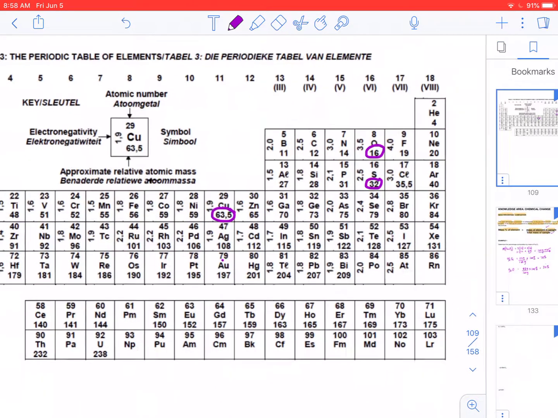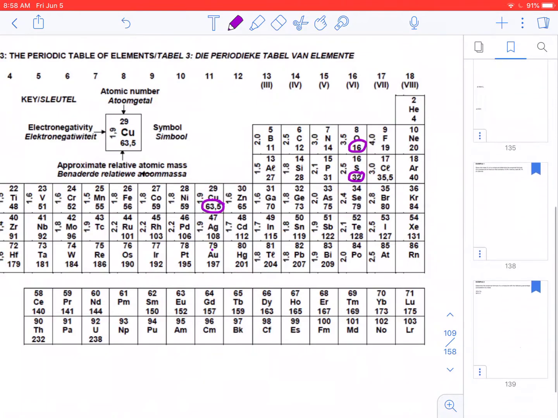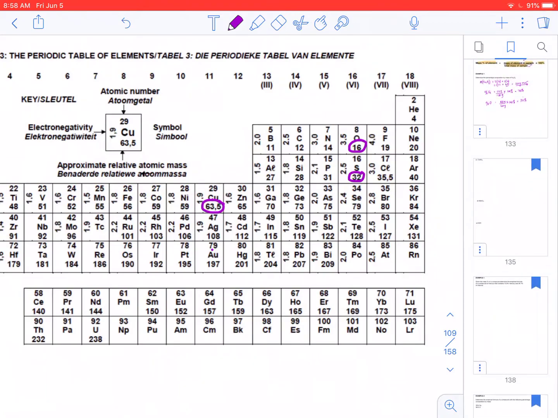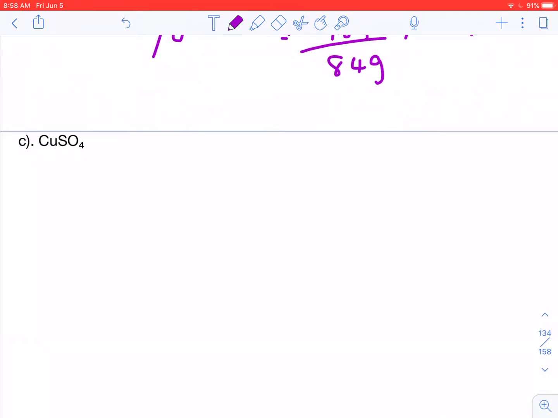Here we had copper sulfate, so let's work that out.